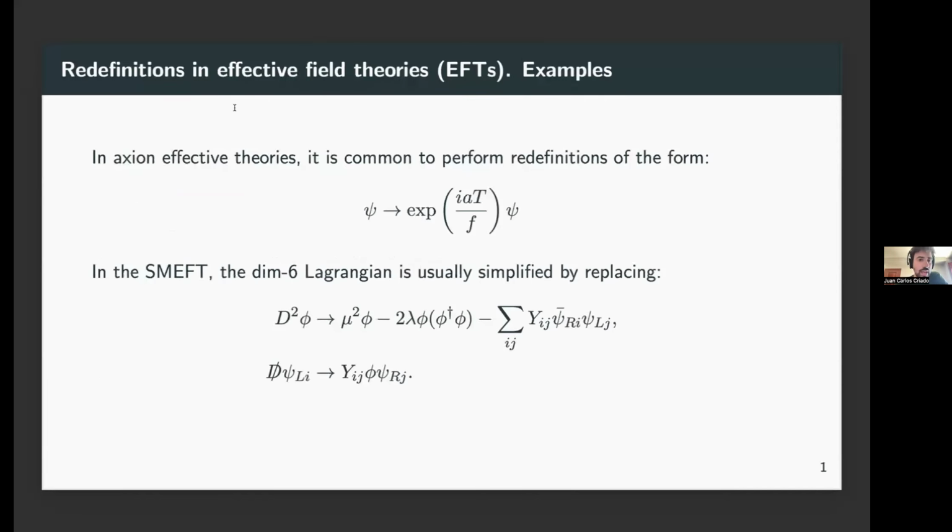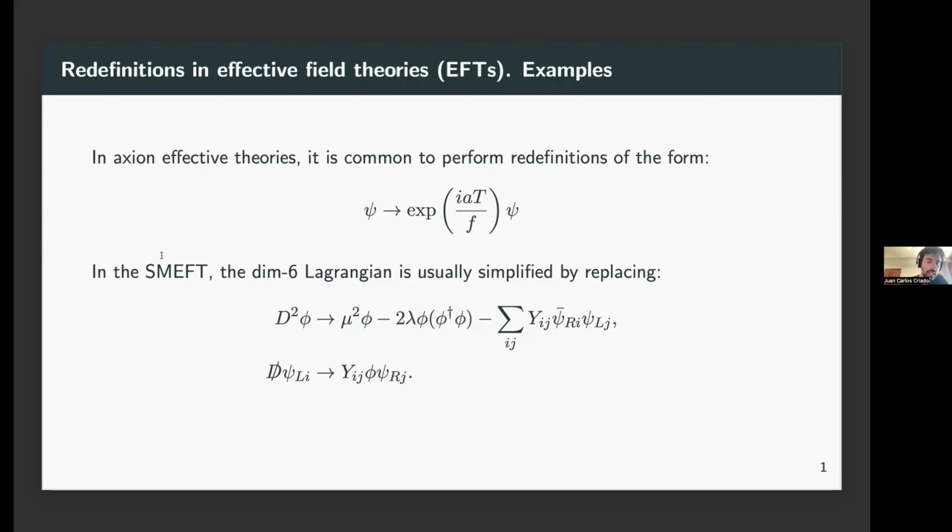As you may know, field redefinitions are used many times in EFTs, in effective field theories, to simplify the Lagrangian. I have a couple of examples here. For example, in axion effective field theories, you typically redefine the fermion fields in this way, involving the axion field in the exponential, in order to eliminate some operators.